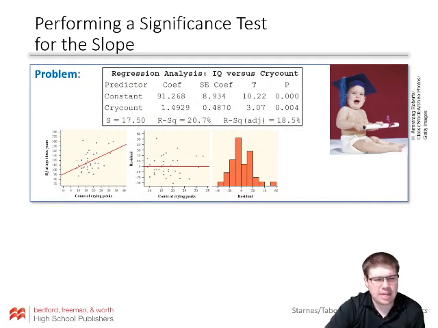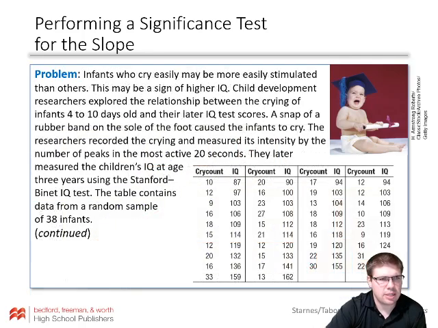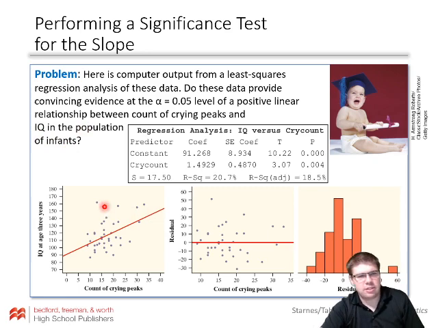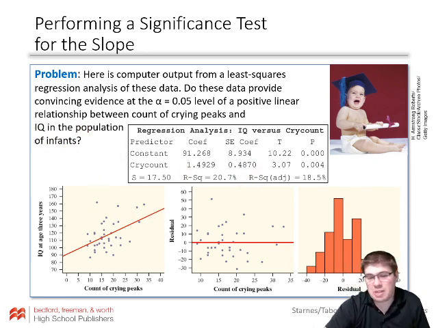So first step, we're going to state our hypotheses, and ultimately the question being asked here was, they gave us all the output. Do the data provide convincing evidence at the alpha 0.05 level of a positive linear relationship between cry count, peaks, and IQ in the population of infants? So they're trying to see if it's positive, which means it would be greater than 0.